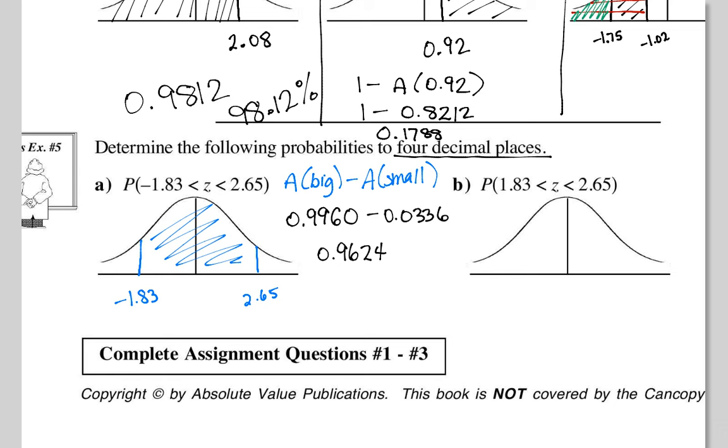Okay, let's do the next one. 1.83 and 2.65. It's the same story. The big one, take away the medium-sized one.